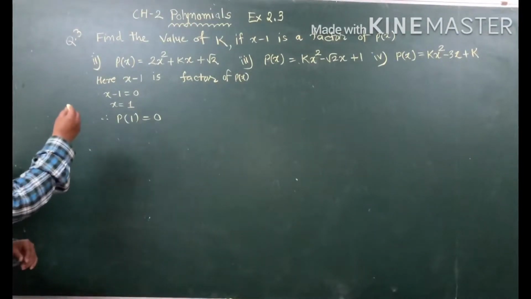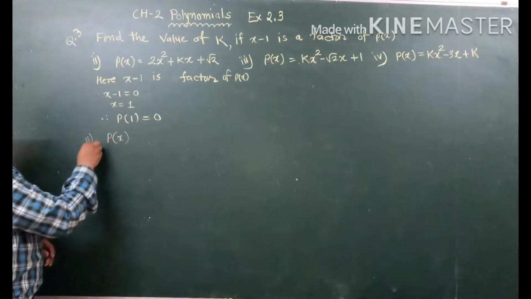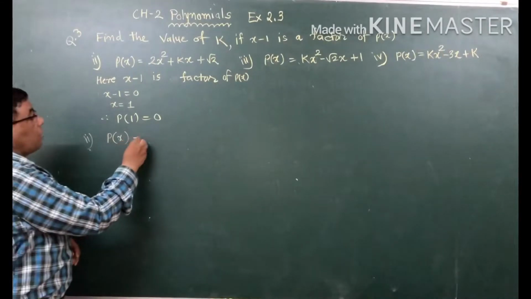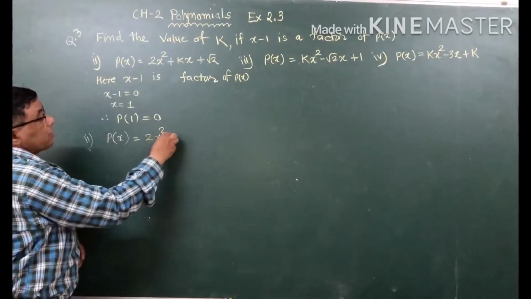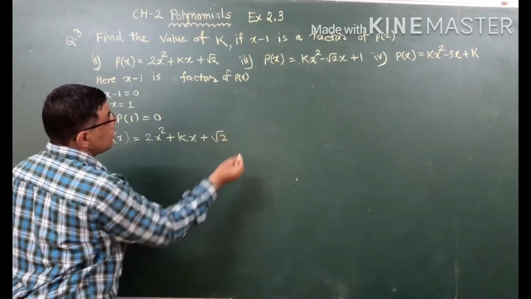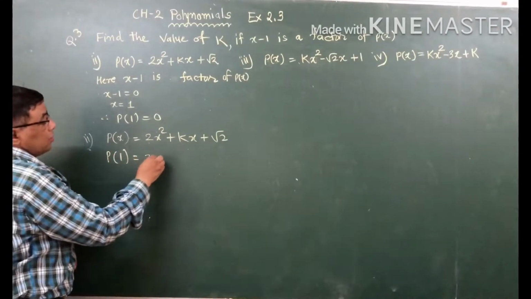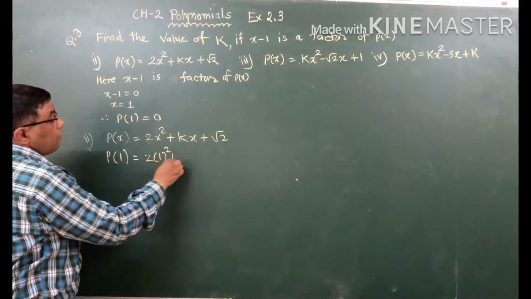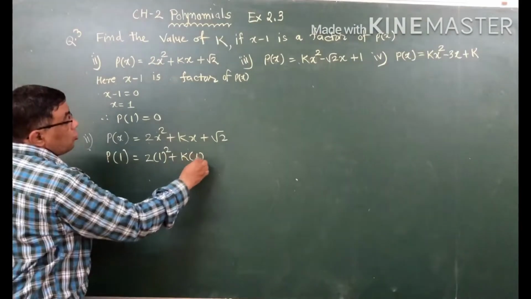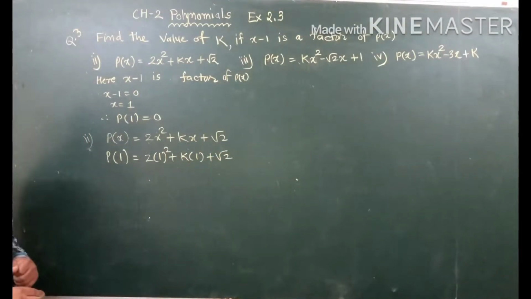Now we start solving the first one, which is p(x) equal to 2x square plus kx plus root 2. In this, p of 1 is 2 into 1 square, k into 1, and plus root 2.